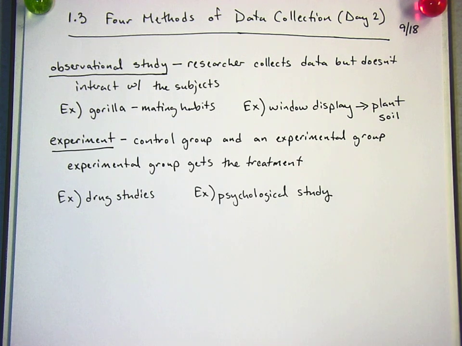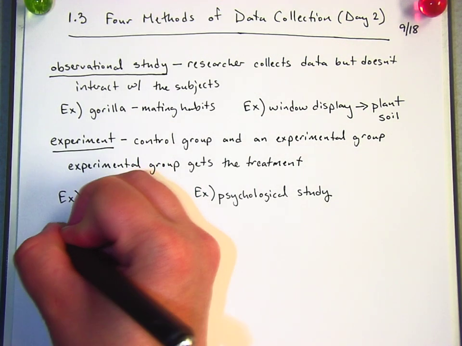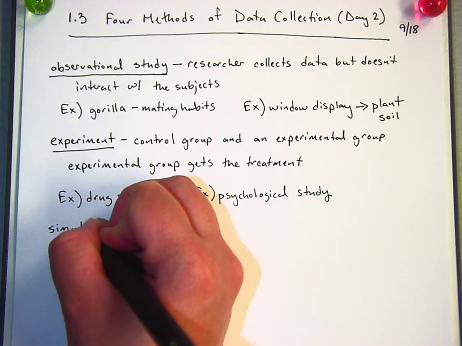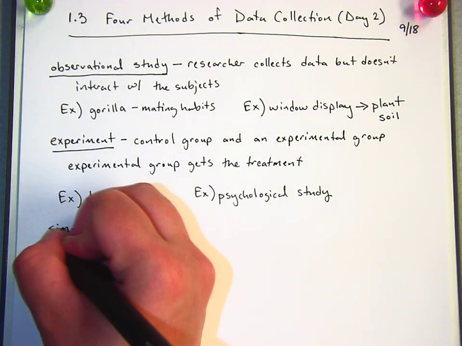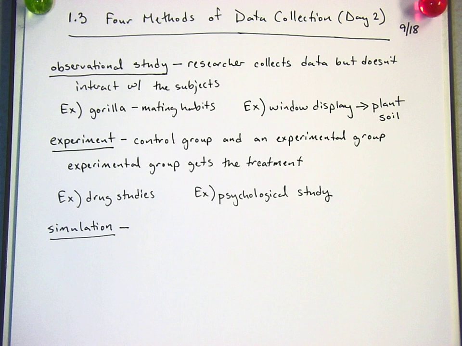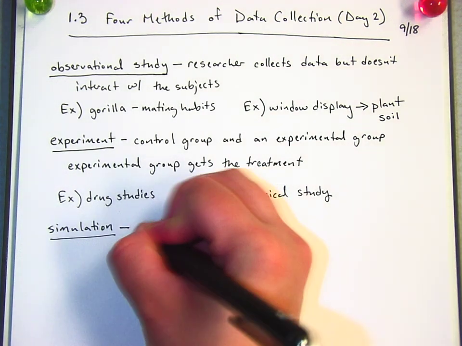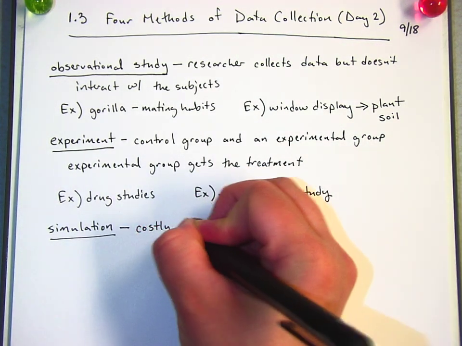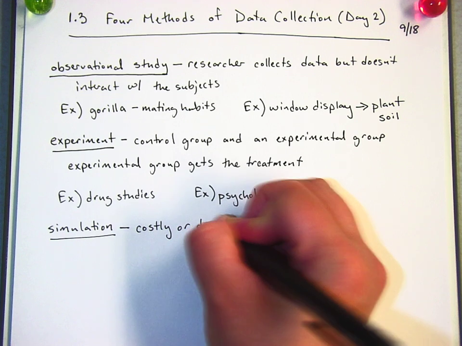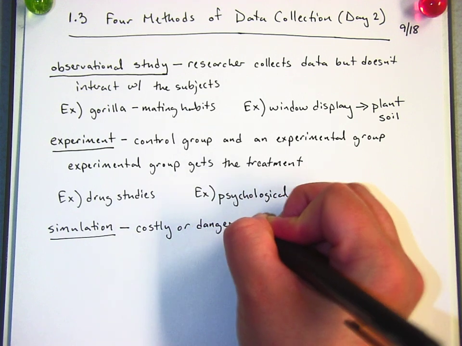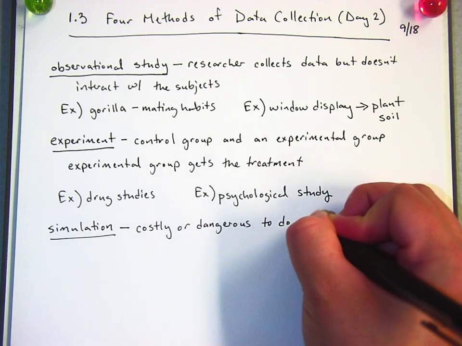The next thing that you could do is called a simulation. A simulation is when something is too costly or dangerous to do an experiment.